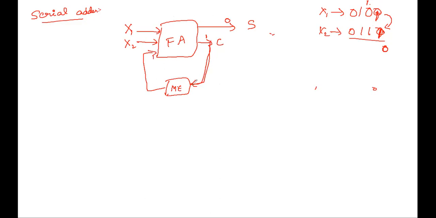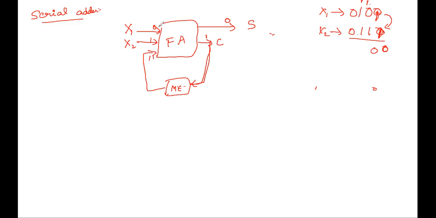The memory element stores the value of carry so that we can feed it back. Now the input is 0 1 and the memory holds 1, so 1 plus 1 is 0, carry is 1.